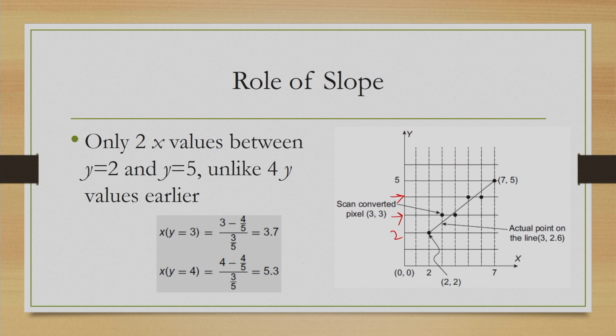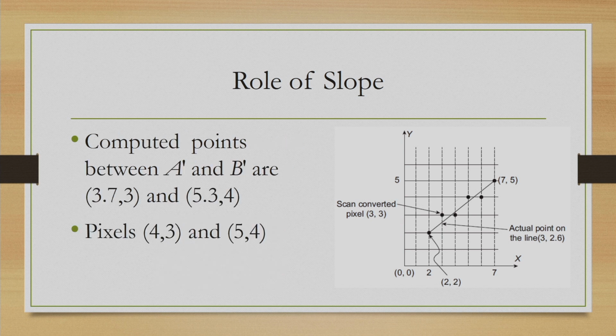So, when y equal to 3, x turns out to be 3.7 using the equation, and when y equal to 4, x is 5.3. Then what we have computed between the two endpoints are two new points, 3.73 and 5.34. If we round them off to the nearest integers, we get the pixels 4, 3 and 5, 4. Let us place them here.